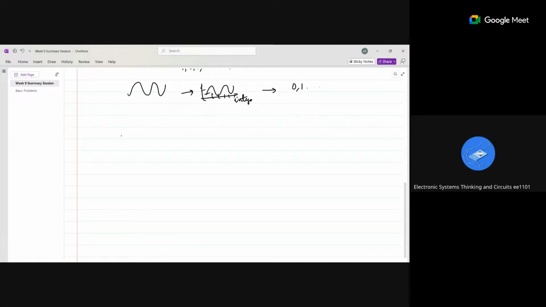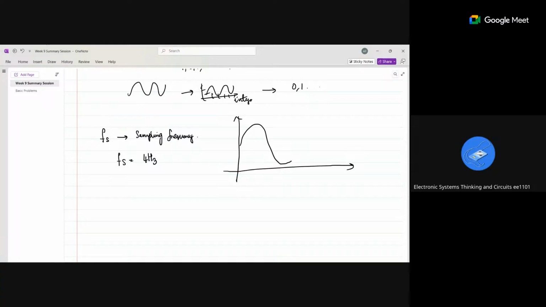Now, what is sampling frequency? If I say sampling frequency is 4 hertz, then I am giving this sine signal which is under 0 to 1 second.